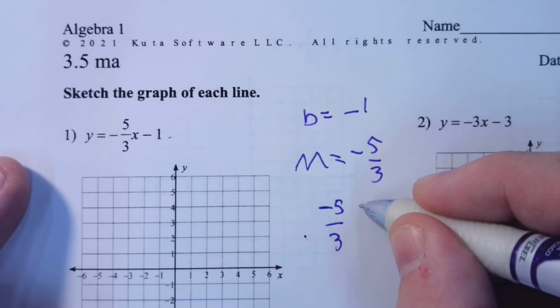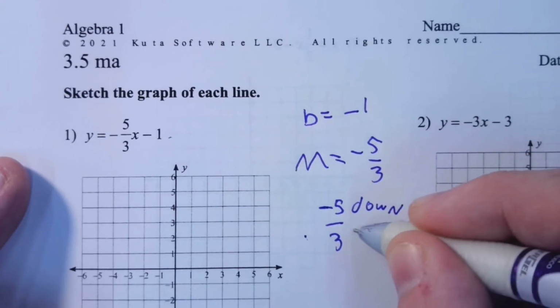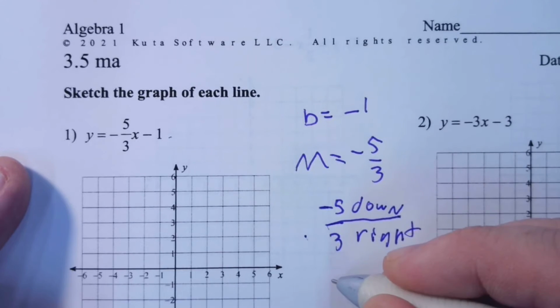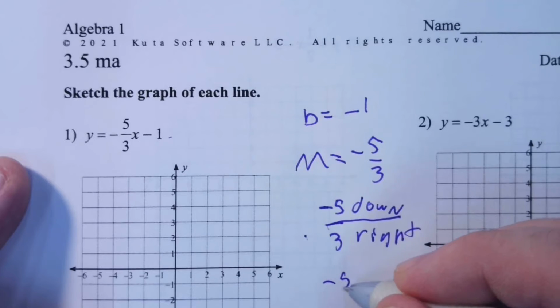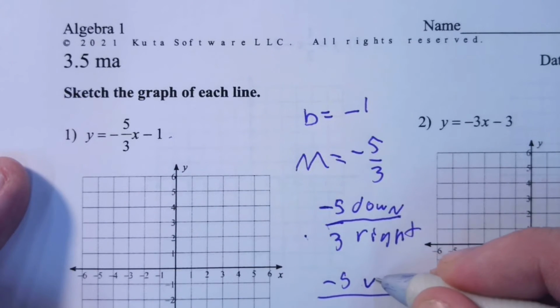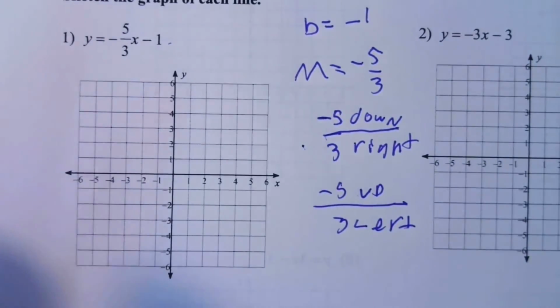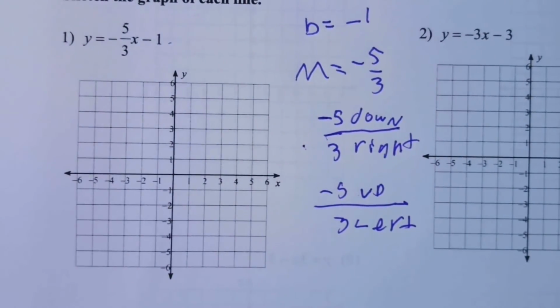I'm going to go down and then I'm going to go right. I also am going to do the opposite of that. So that's up and left. See if you can do that real quick and get it done.